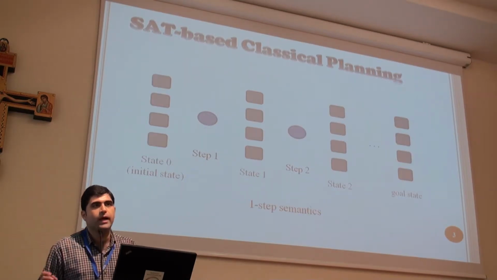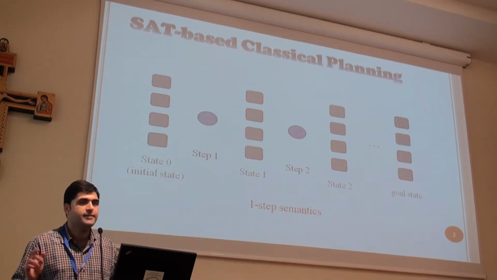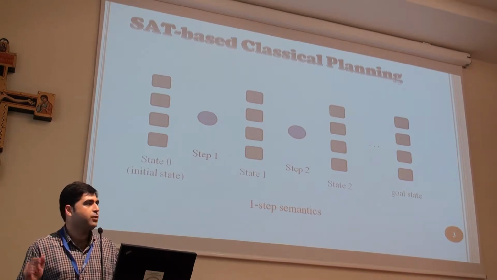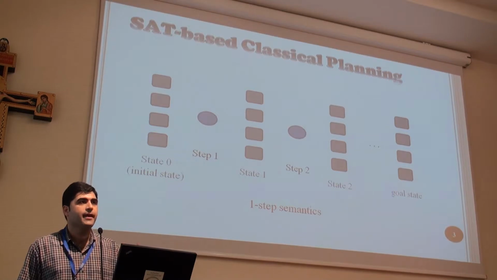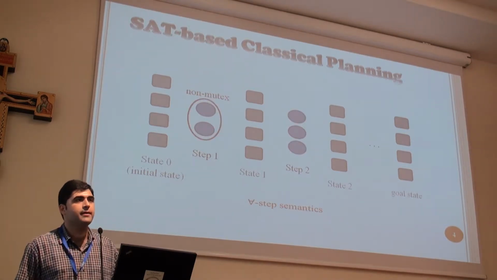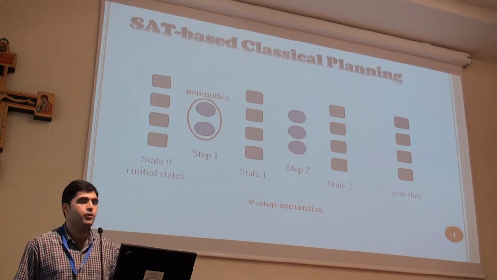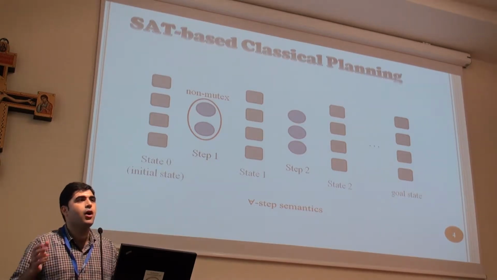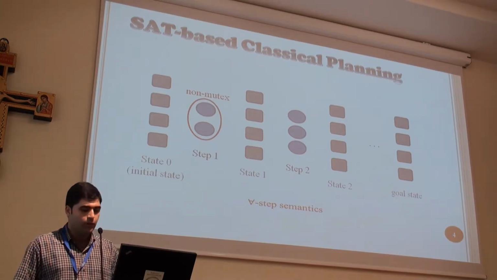We have different kinds of semantics in SAT-based classical planning. There's one-step semantics, which requires each step to have just one action. We have for-all step semantics that allows a step to have more than one action, but those actions should not be conflicting. In fact, we require those actions to be executable in any possible order.